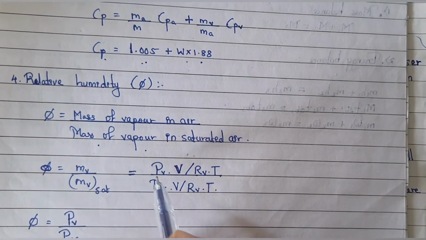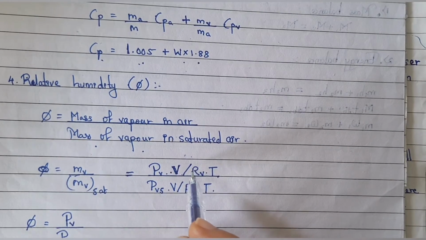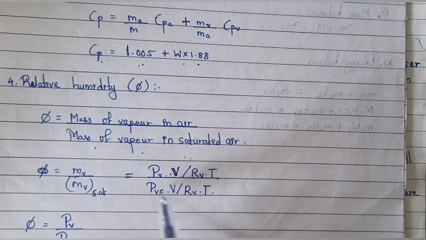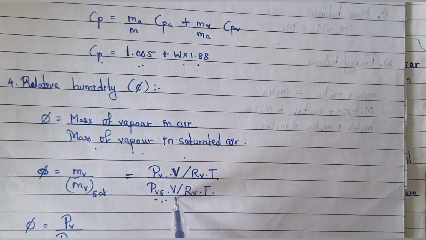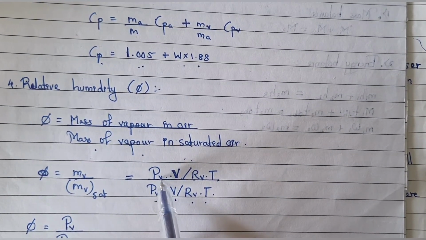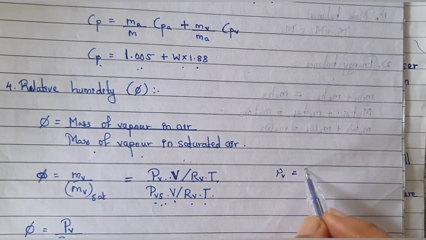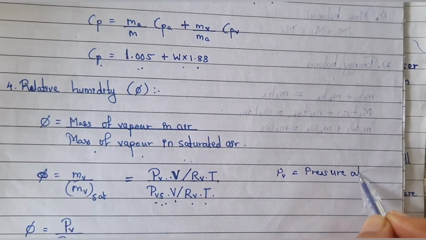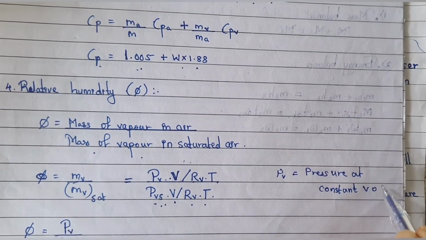After substituting the value of mv, that is equal to Pv into V divided by Rv into T, divided by Pvs of saturated air into V divided by Rv T. Here Pv is the pressure at constant volume.